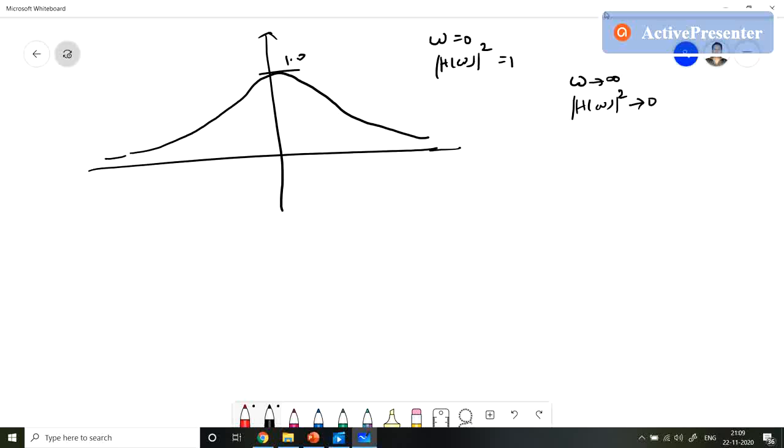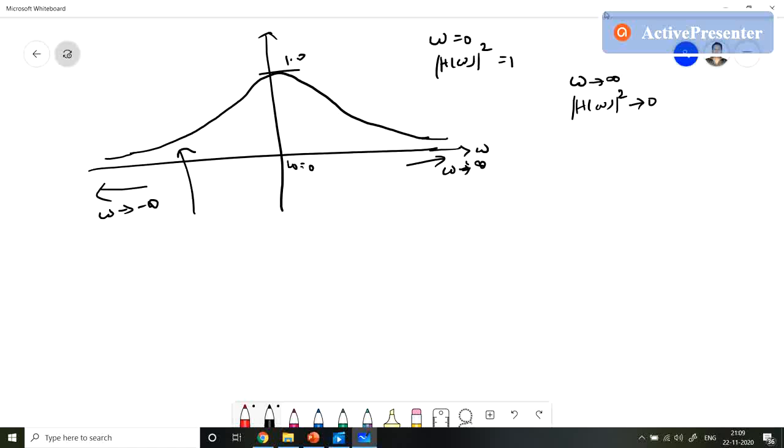So we are getting this type of graph. This is omega. Here we have omega equal to 0, going towards omega tends to plus infinity, and here we have omega tends to minus infinity.